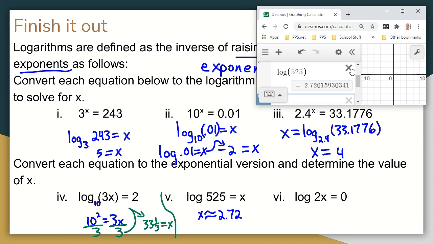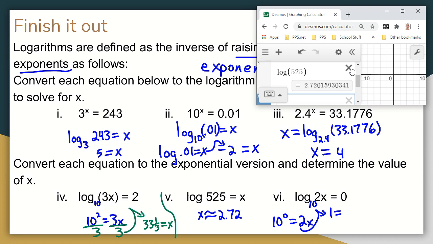On the last one, here, x is in the argument of the logarithm. So we're going to need to convert this to an exponential with base 10. So 10 to the 0 is equal to 2x. Well, 10 to the 0 is 1.